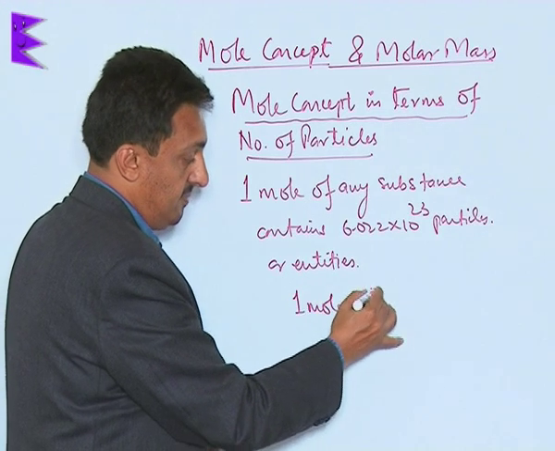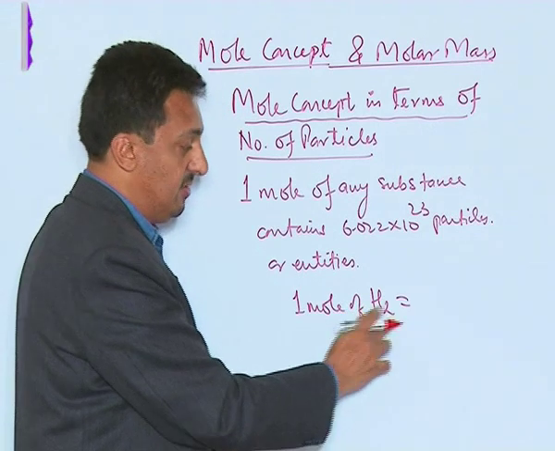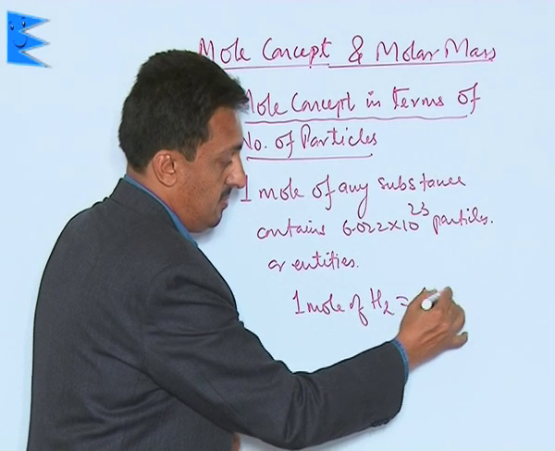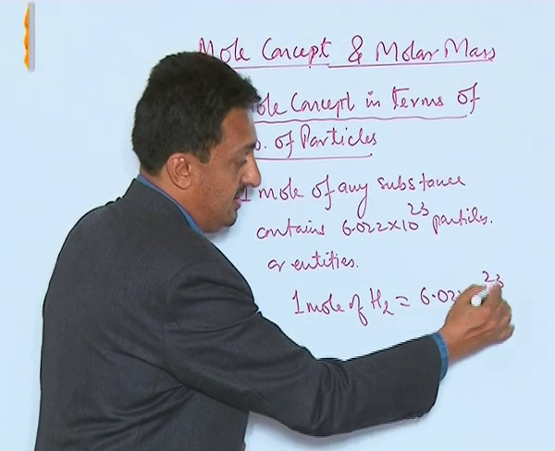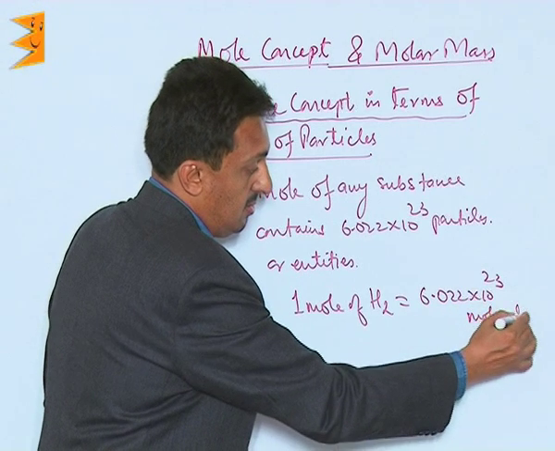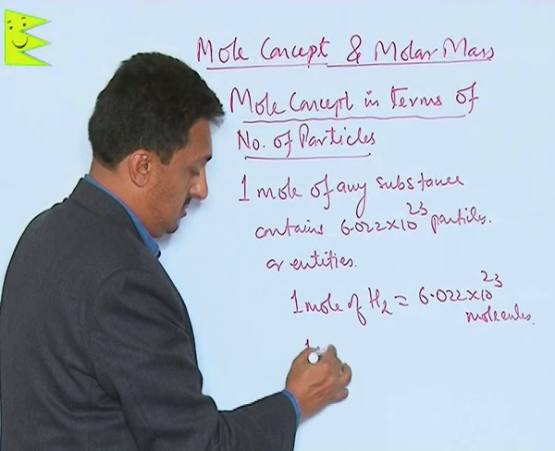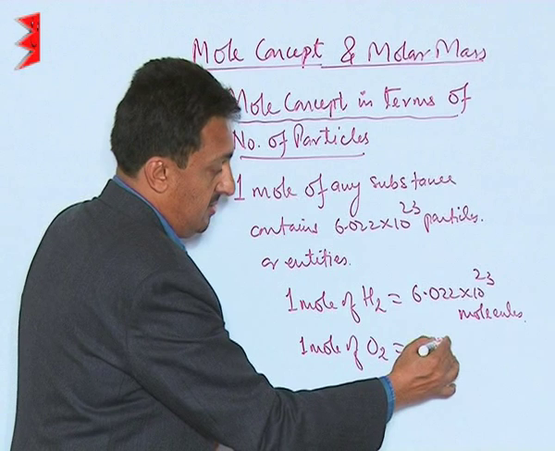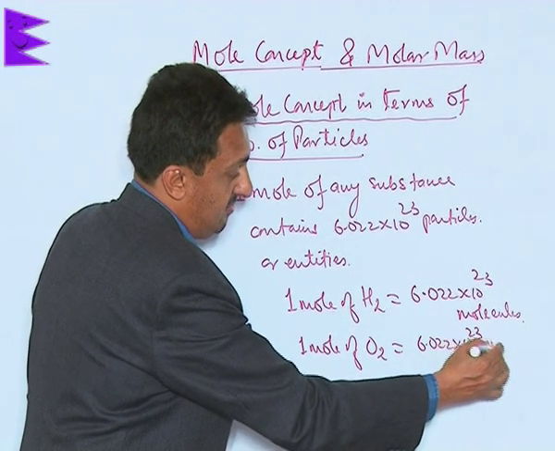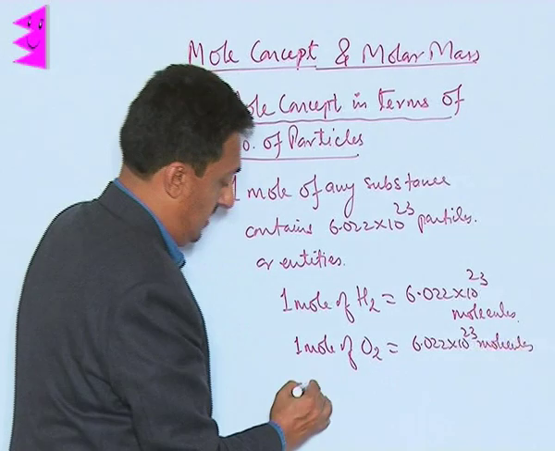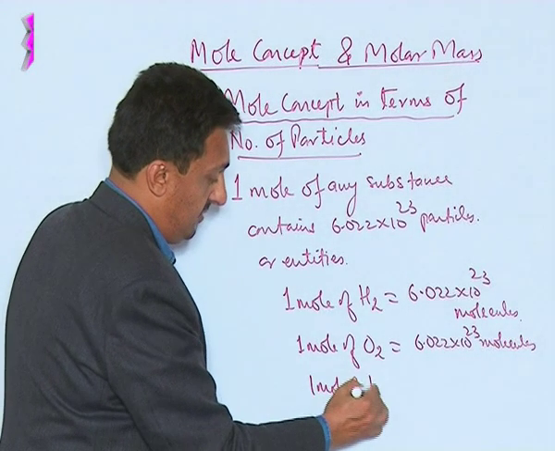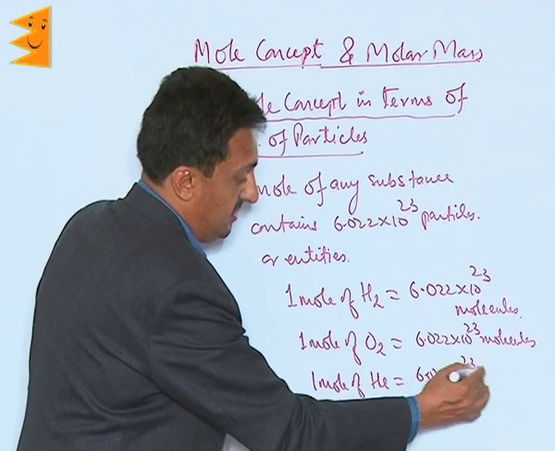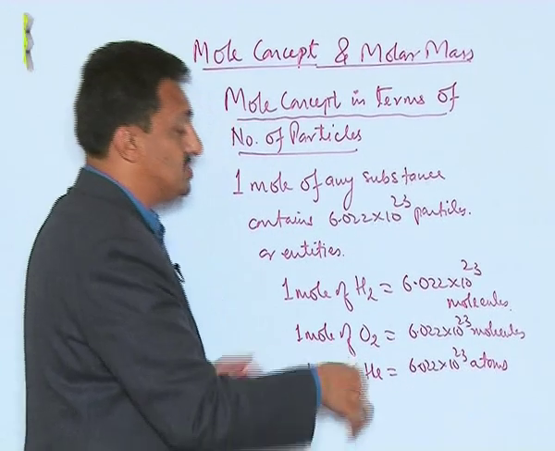1 mole of hydrogen, this is molecule, will be having 6.022 into 10 to the power 23 molecules. 1 mole of oxygen similarly will be having 6.02 into 10 to the power 23 molecules. 1 mole of helium will be having 6.02 into 10 to the power 23 atoms, and so on.